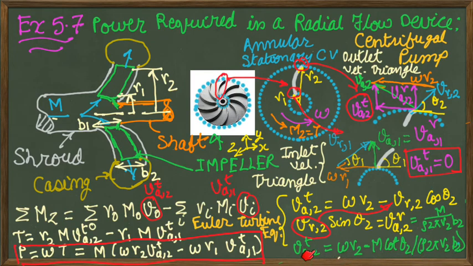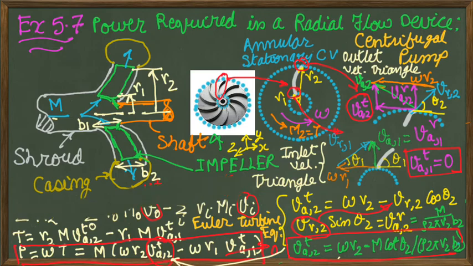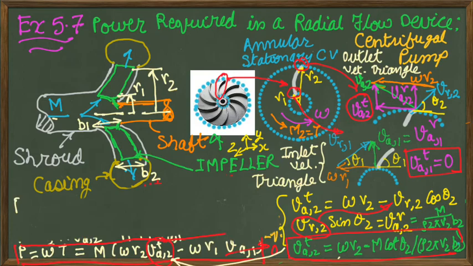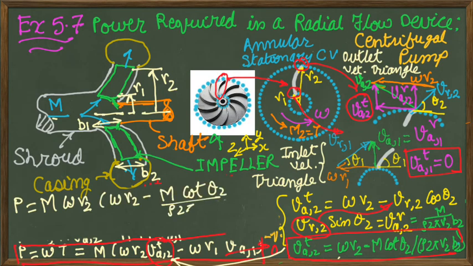This tangential velocity we will substitute here, and this is equal to 0. So if you do this, and substitute here, finally you obtain the expression for the shaft power for a centrifugal pump as shown here.